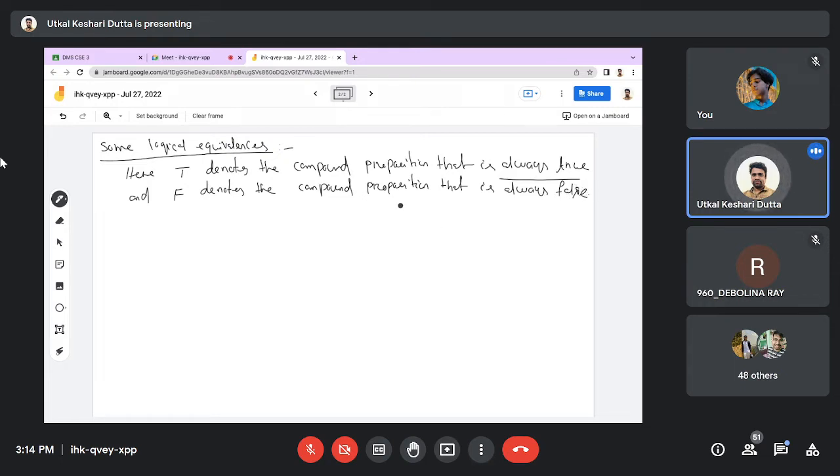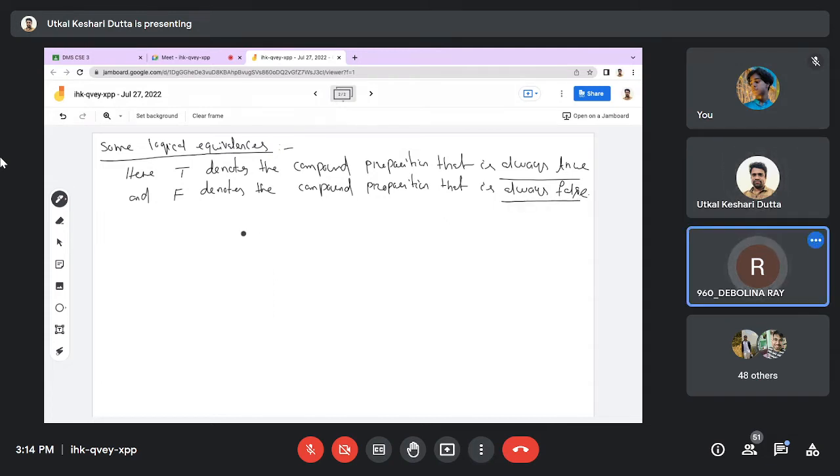Always false means which category? Contradiction. Yes, that means F denotes any contradiction compound proposition, and T denotes any tautology compound proposition.